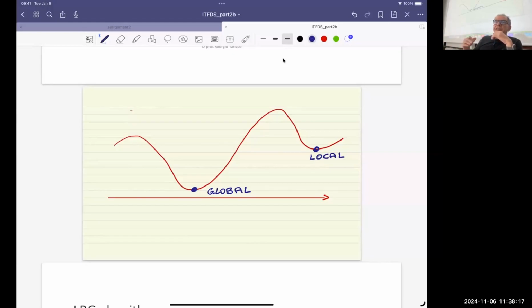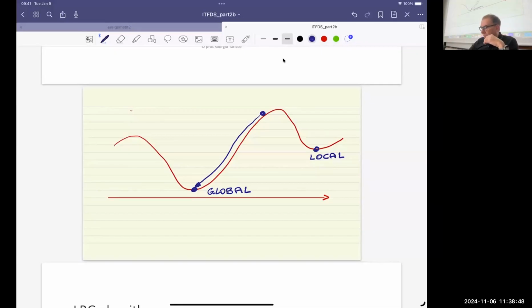How do we reach the local minimum or the global minimum? Let's say that we are a little ball and this is a surface. If we put our little ball over this surface in this position, then the little ball rolls down to the global minimum.